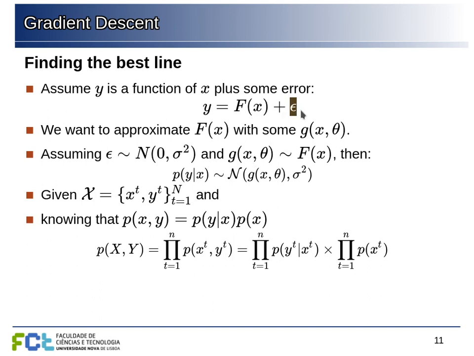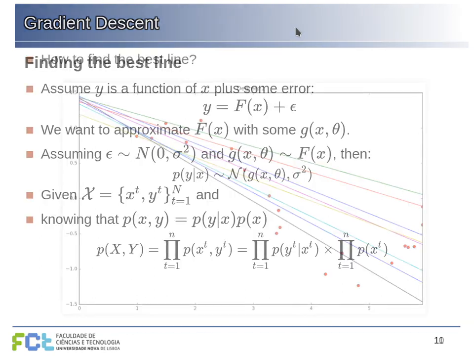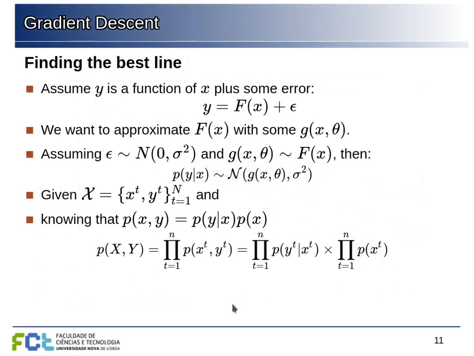And we're going to assume that this error is normally distributed and it only affects y. So you see that y is some function of x plus the random error. This is an error that can be above or below. It's a normal distribution. We're going to assume that for the error. So given a training set, this set of points that we have here that we're going to use to adjust our line, we want to try to find the best parameters.